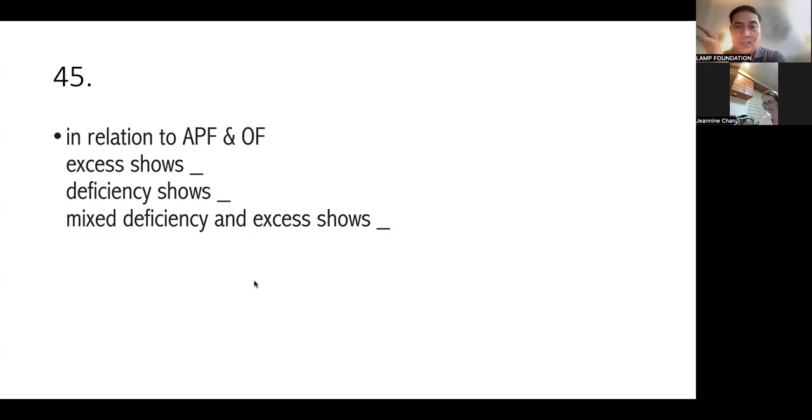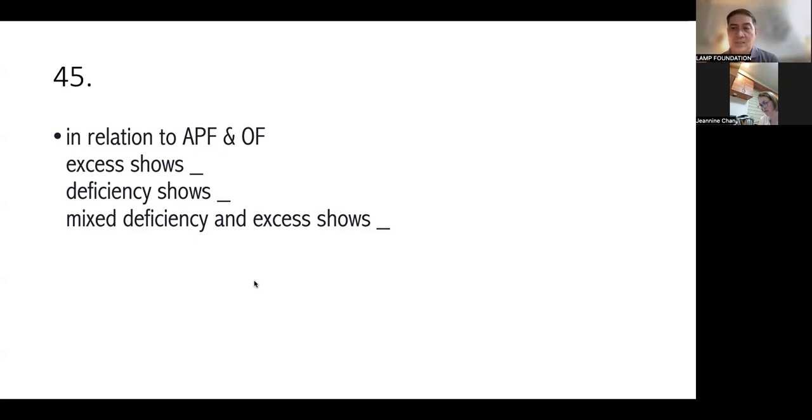What does excess mean? Remember, the pathogenic factor and the anti-pathogenic factor. What do you call the anti-pathogenic factor?